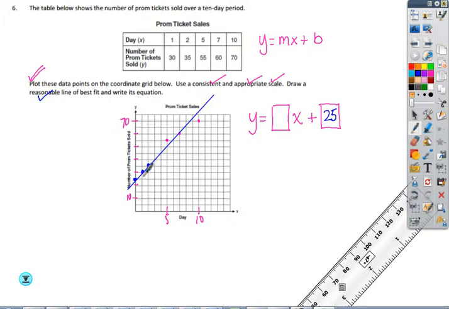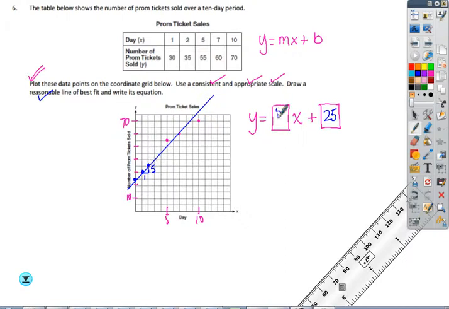To get from this point to this point, I go over a horizontal distance of 1, and then my vertical distance, I'm going up. I'm increasing a distance of 5, because remember, I'm using a scale of 5. So each one of these squares going up represents a distance of 5, or 5 prom tickets. So in one day, I sold 5 prom tickets.